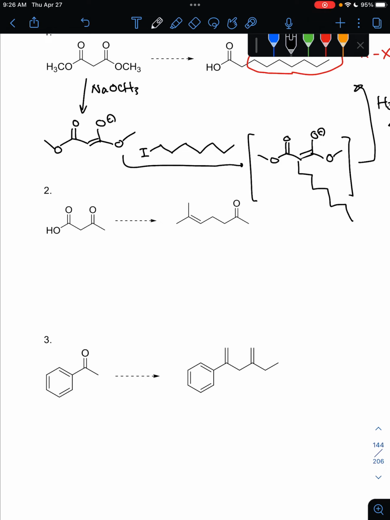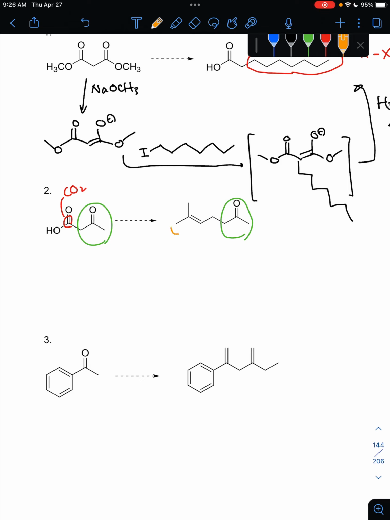The second one, we are forming a ketone. So I want you to immediately think about acetate ester Claisen, where these carbons come from that, and this gets decarboxylated. That's the idea.